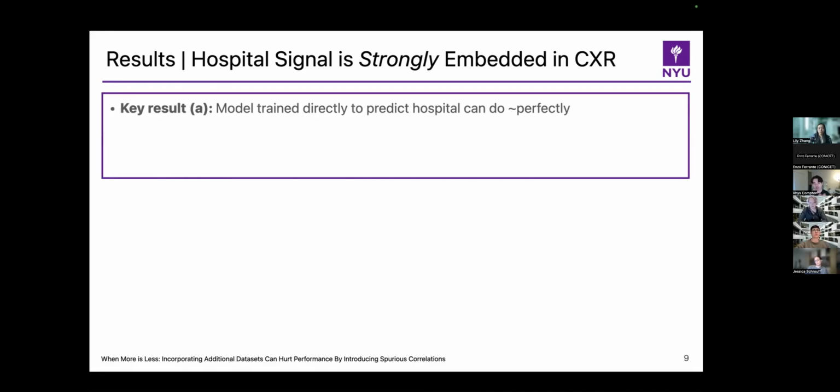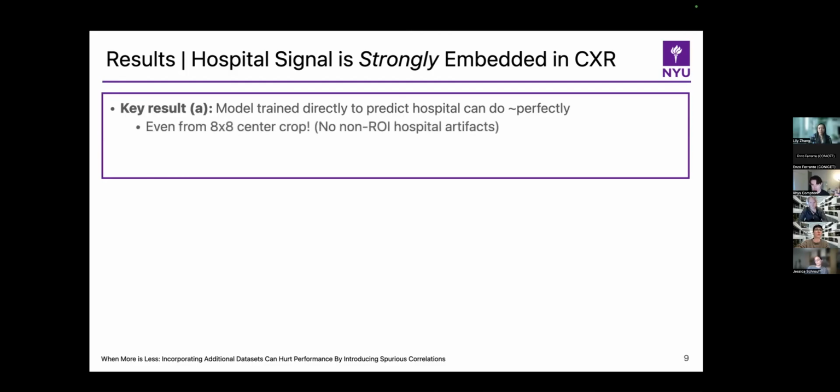But as you can imagine, in a chest X-ray, there are lots of little artifacts outside the region of interest, left-right markers, other sort of metadata in chest X-rays. The model could be looking at that also.